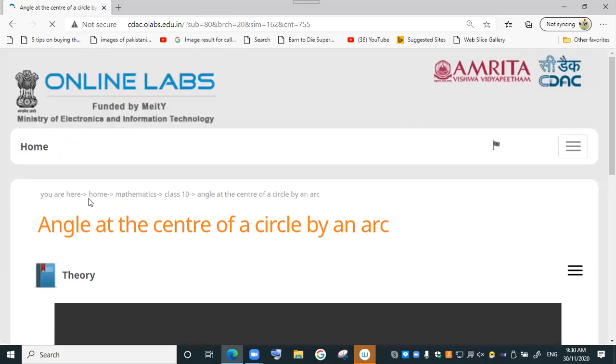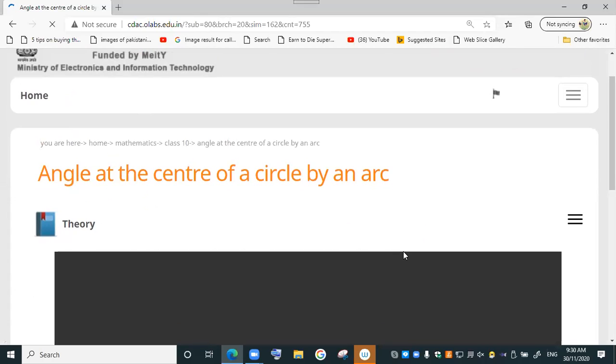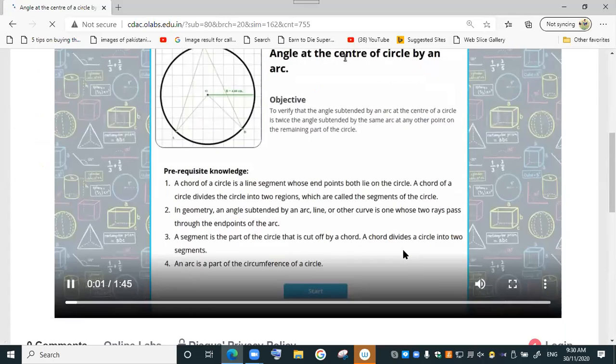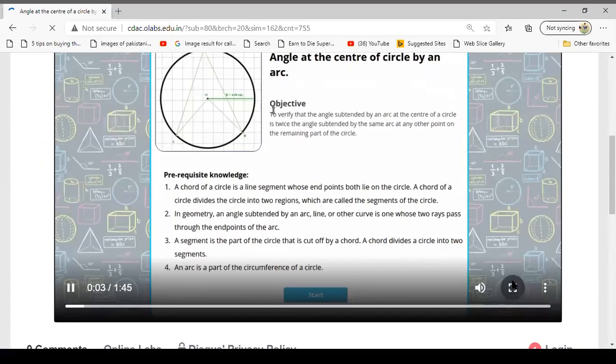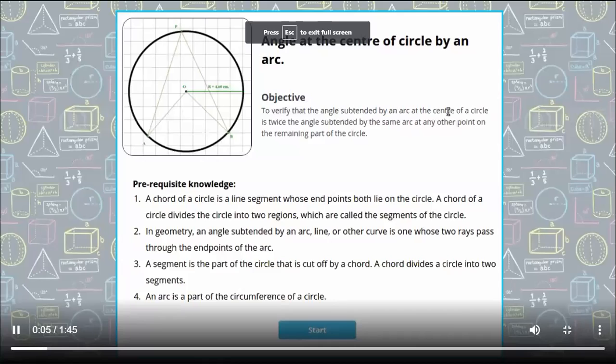Now we will see the animation. To verify that the angle subtended by an arc of the circle is twice the angle subtended on the remaining part.